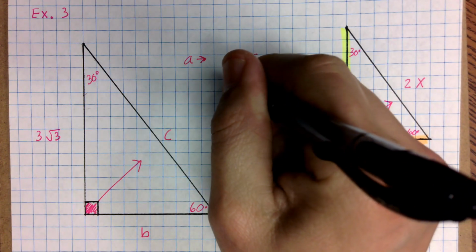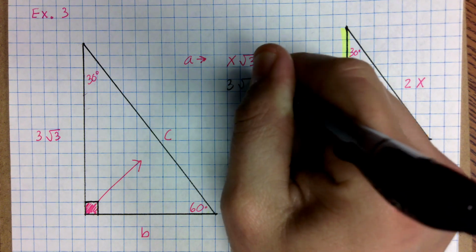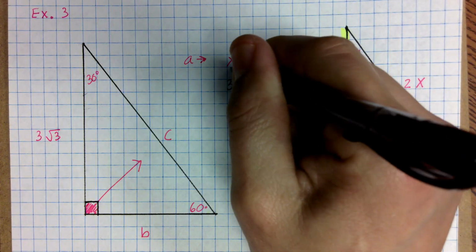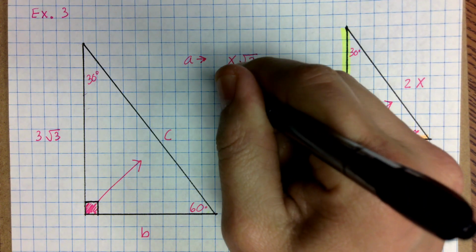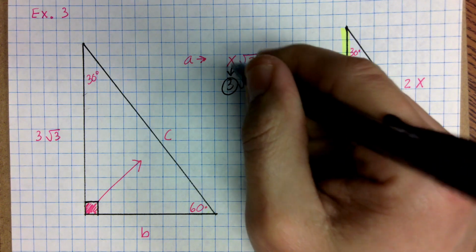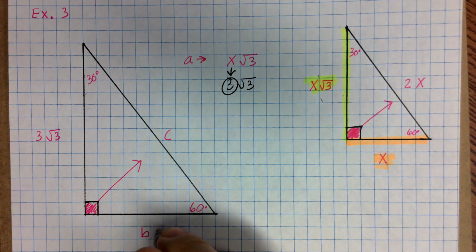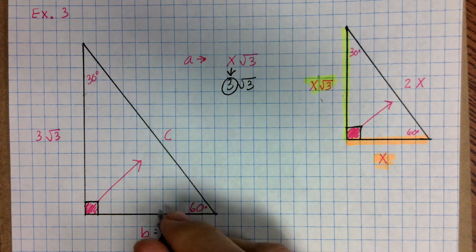I'm just going to write it underneath it: 3 square root of 3. So you can tell that simply that value that's in front of the square root of 3 is your x. So that tells me b is simply equal to 3.